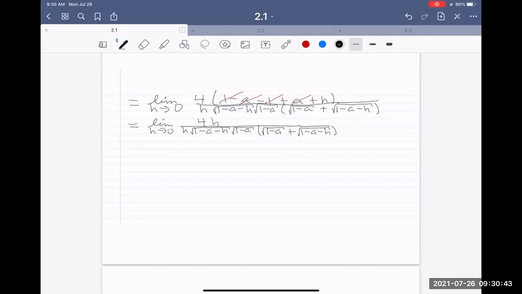Okay, h's cancel. And so this is equal to the limit as h approaches 0 of 4 over the same radicals in the denominator.